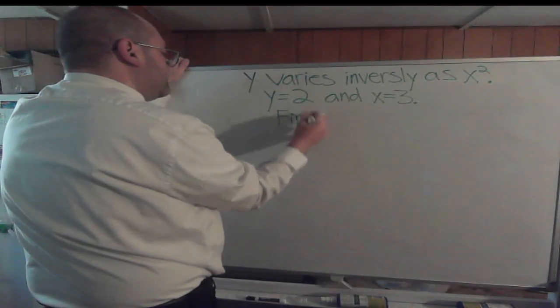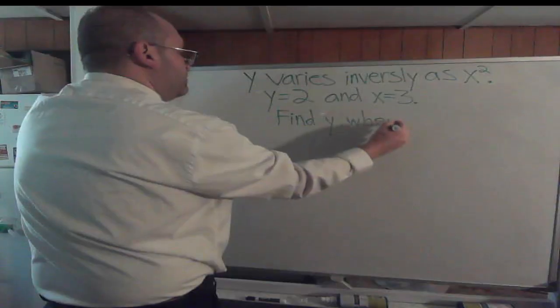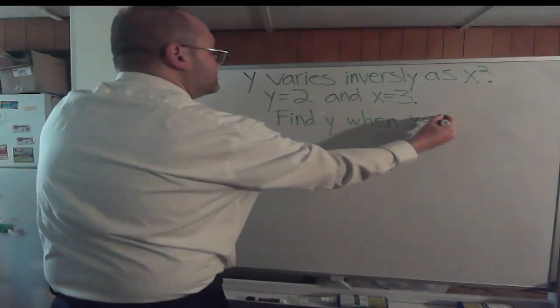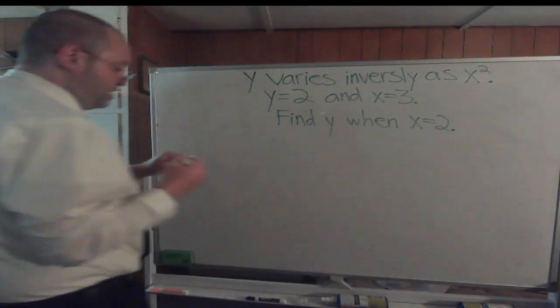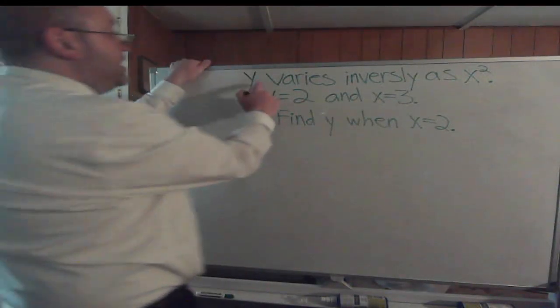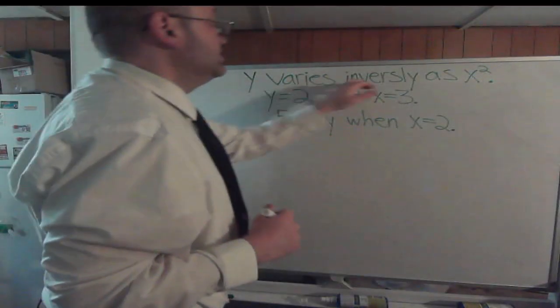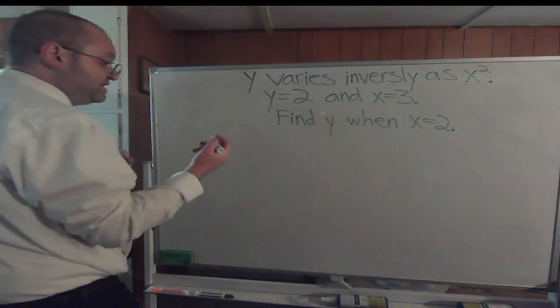Find y when x equals 2. All right. So we have y varies inversely as x squared. Start with that sentence. Y varies inversely as x squared.